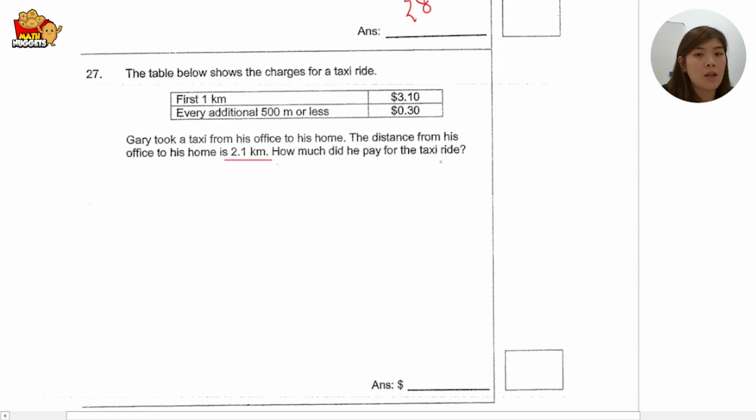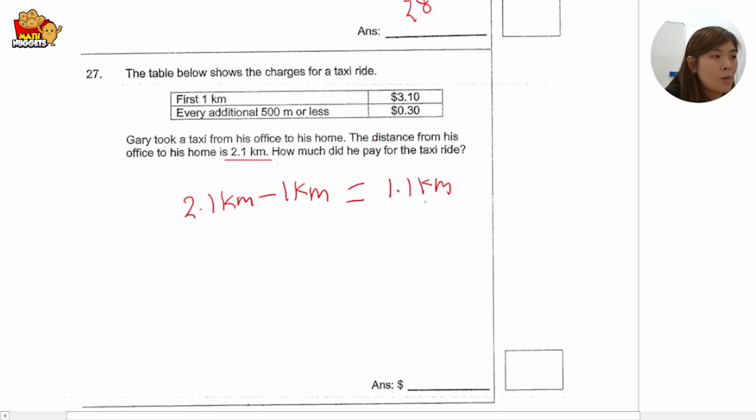How much did he pay for the taxi ride? The first 1 km is $3.10, so we take 2.1 km and minus off the first 1 km to see what is the remaining. This gives us 1.1 km.